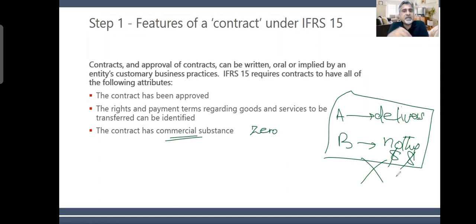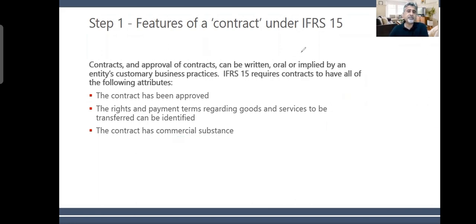Commercial substance means that there should be some price, either in terms of cash or in kind. If it is not in cash, maybe in return they can give some services, some debt, assets, or they can waive off some liabilities, etc. So it should have a commercial substance.